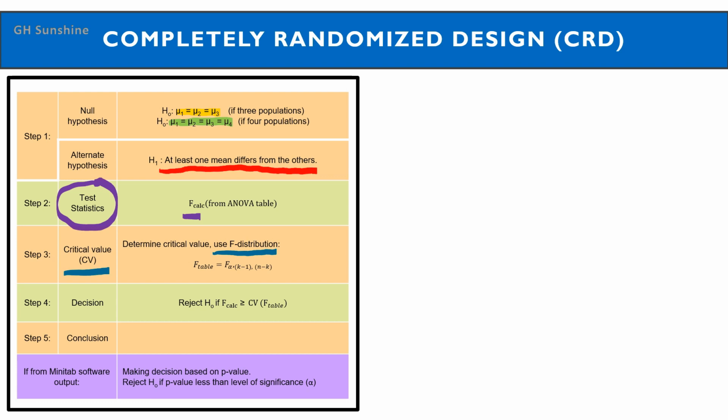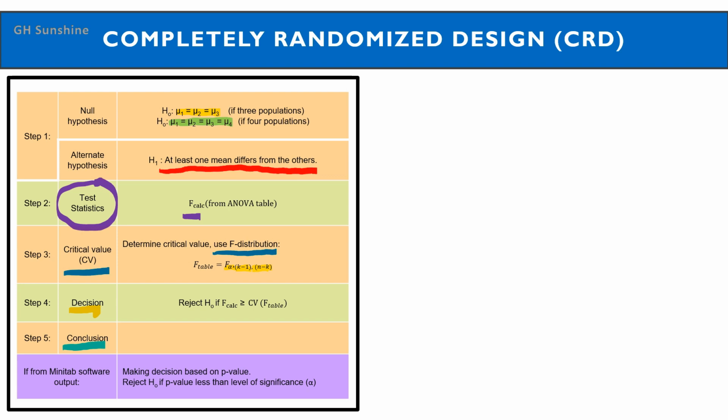The F table is based on the given alpha, first degree of freedom k minus 1, second degree of freedom n minus k. Next step is make a decision. We will reject H0 if and only if F calculation is greater than the critical value. And last one, of course, we will make a conclusion.